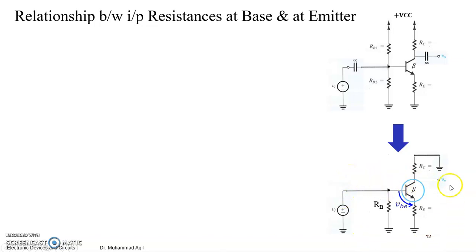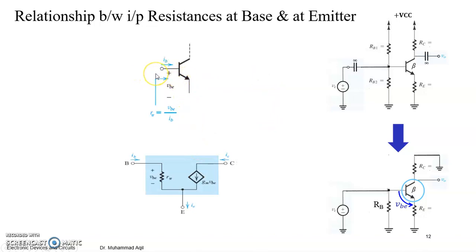And for the AC equivalent circuit of this amplifier, for small signals, we have replaced this transistor, either by looking into the base or by looking into the emitter. We have replaced this transistor by its equivalent circuit, or we can say model, right?